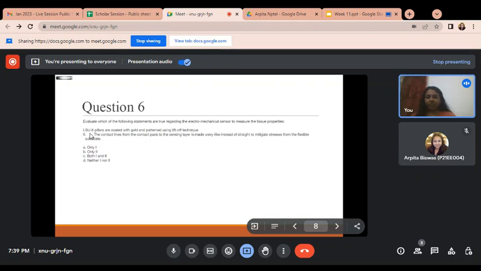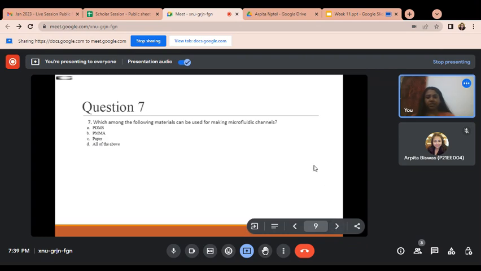The first statement is SU-8 pillars are coated with gold and patterned using the lift-off technique. The second statement is the contact lines from the contact pads to the sensing layer are made curved instead of straight to mitigate stresses from the flexible substrate. So both statements 1 and 2 are right. So option C is the right answer.